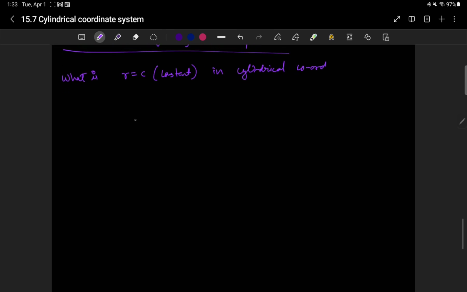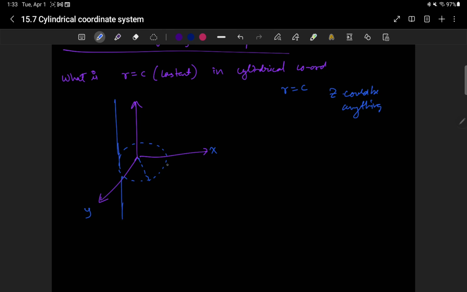If r is constant, we're looking at all the points which are at some constant distance from the center, and that's going to give me a circle in the xy plane. But r equals constant means that z could be anything. So this whole thing just runs up and down without restriction.